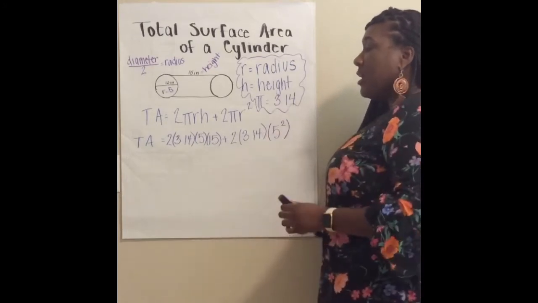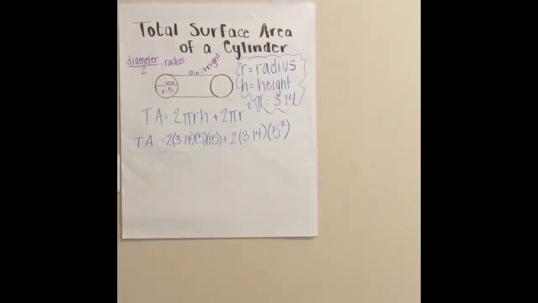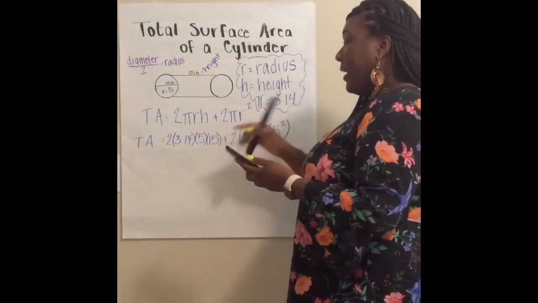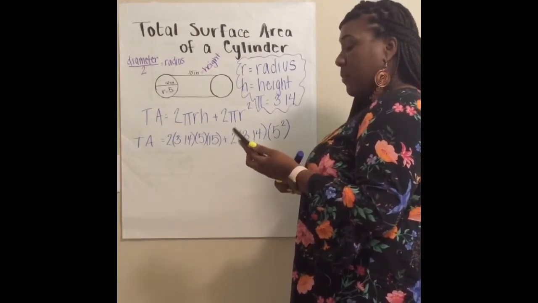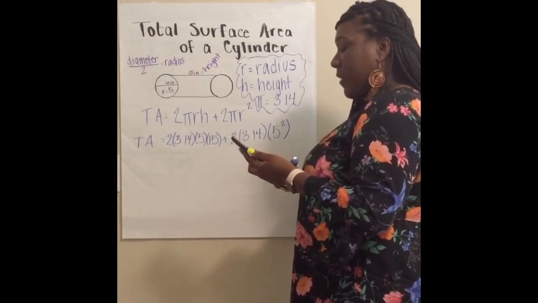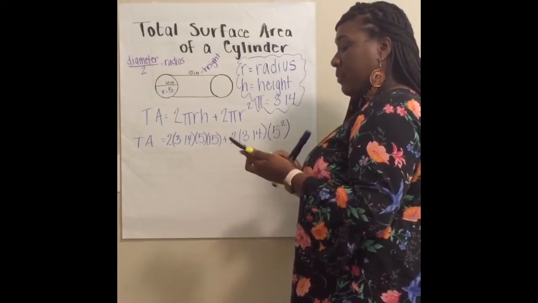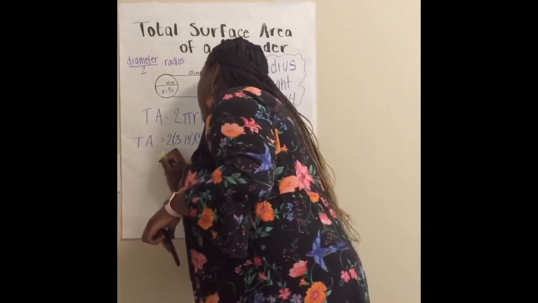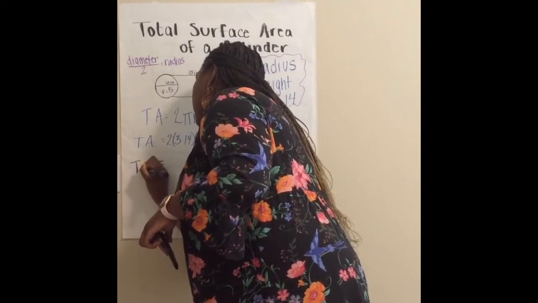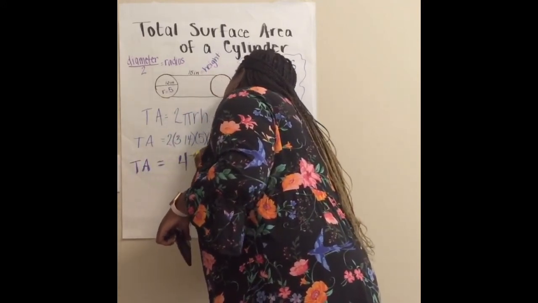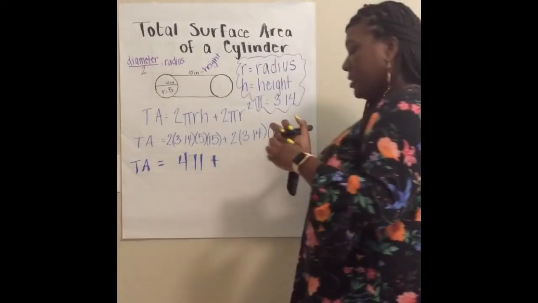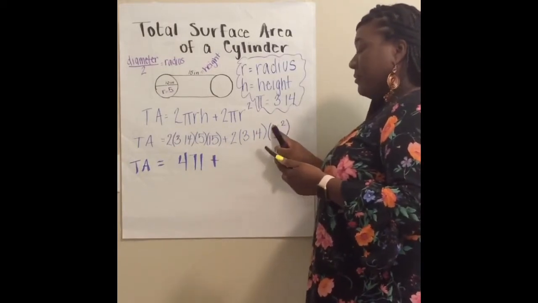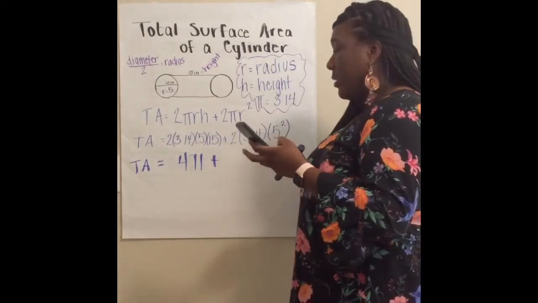Now we're going to bring out our calculator, and we're going to take it piece by piece. On your calculator, you have 2 times 3.14 times 5 times 15, and that should give you 471. Plus, now we need to do this part. 5 squared, which is just 5 times 5, is 25.